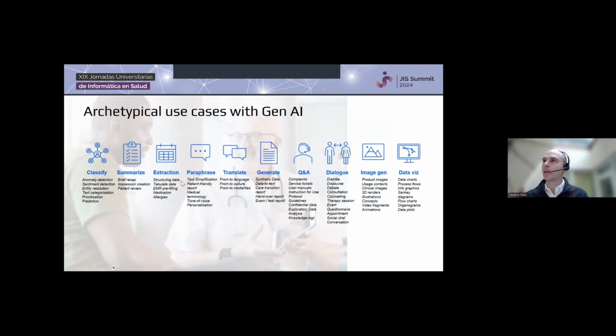Based on a literature review, of course not extensive, there are some archetypical use cases in GenAI that have been explored worldwide. I have to mention that in healthcare, typically summarization, data extraction, and generation of content have been the ones most evaluated at this point in time. And I will present something that we are doing in that regard.